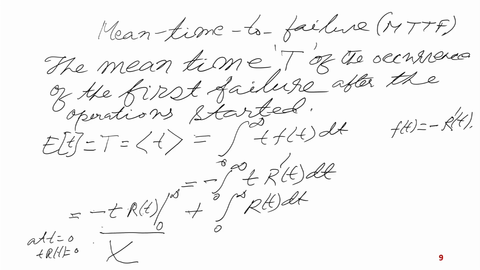So, at t equal to infinity also, t into r t is equal to 0. What does it mean? That the MTTF is equal to the integral 0 to infinity r t dt.